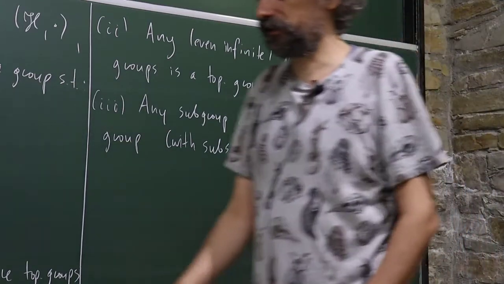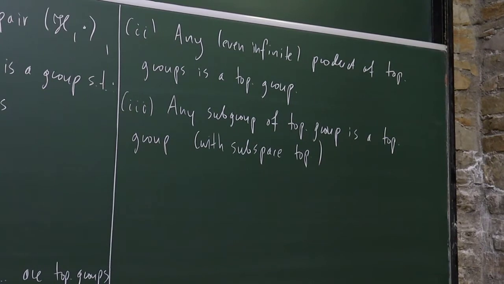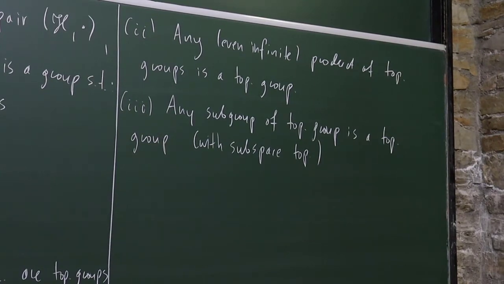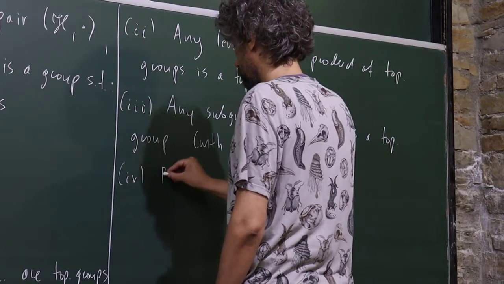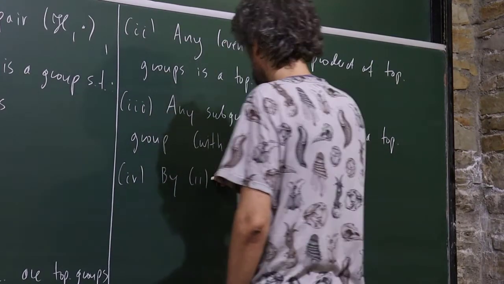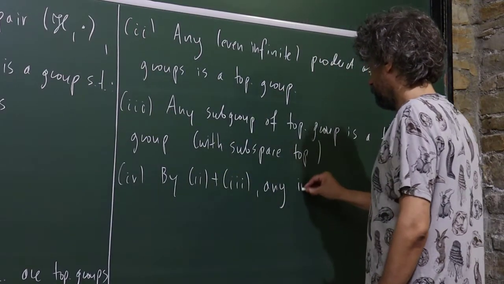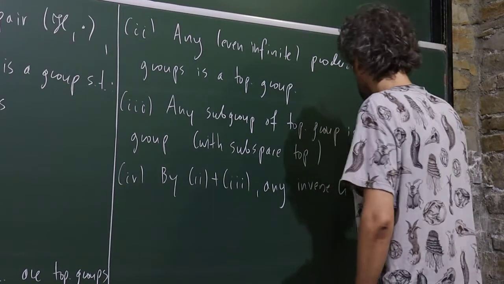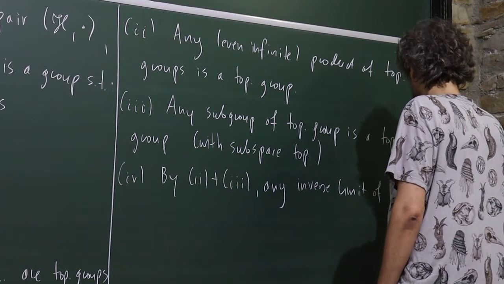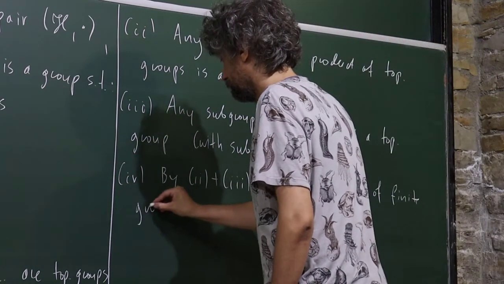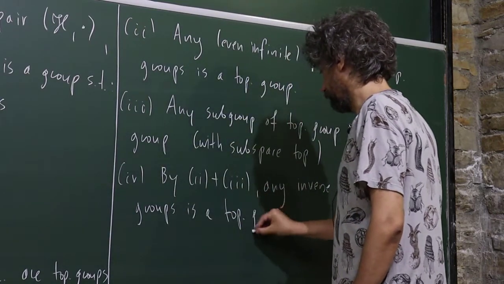This is all easy to check. So by all of this, our inverse limit becomes a topological group, because it's a subgroup of this product. So by 2 and 3, the inverse limit of finite groups is a topological group.